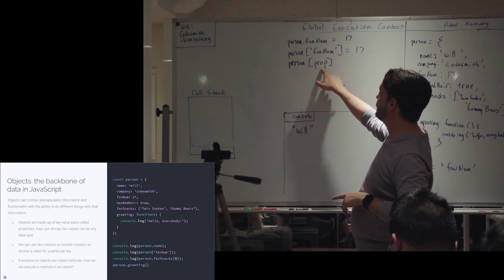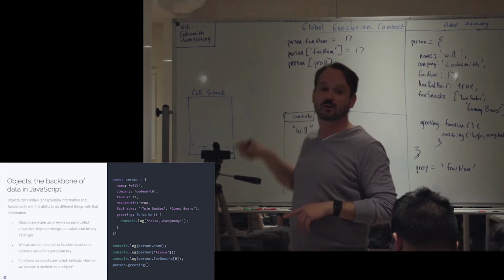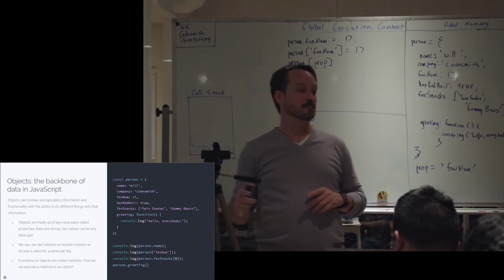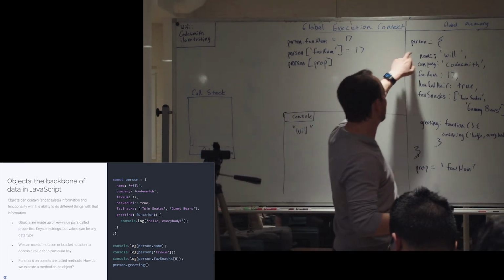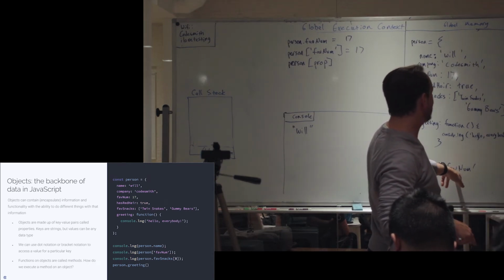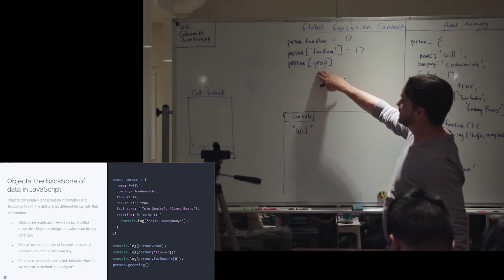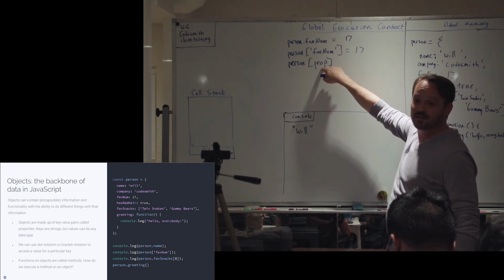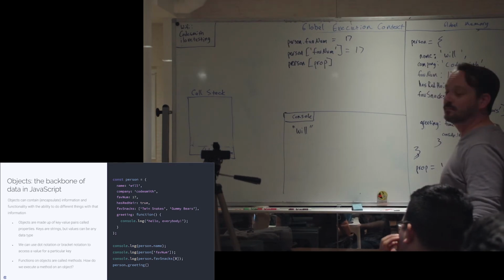So where do I go to look for prop? In my global memory. So I come over here and I've got person, and I've got prop. So prop equals the string fave num. So this essentially evaluates to this.